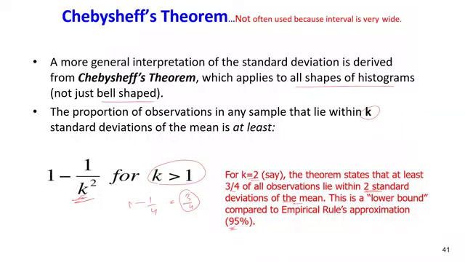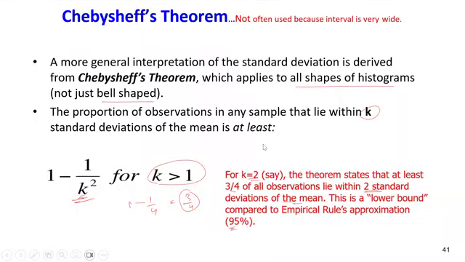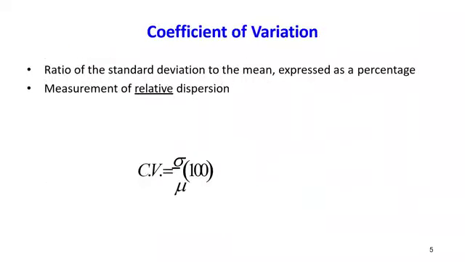Where the empirical rule says that 95% of the values will fall within plus minus 2 standard deviations, Chebyshev's theorem says it's 3/4. So what is 3/4, guys? How much percentage? It is 75%, right? Yes. So it says 75% of the values fall within plus minus 2 standard deviations. That much difference you will find between the empirical rule and Chebyshev's.